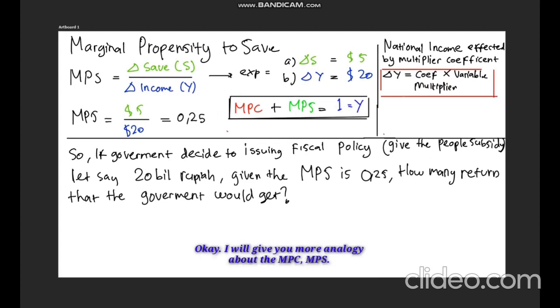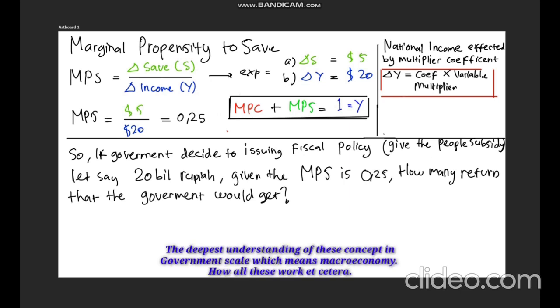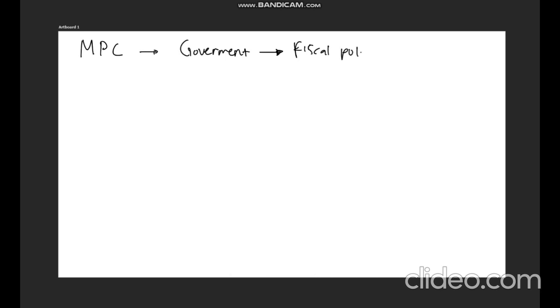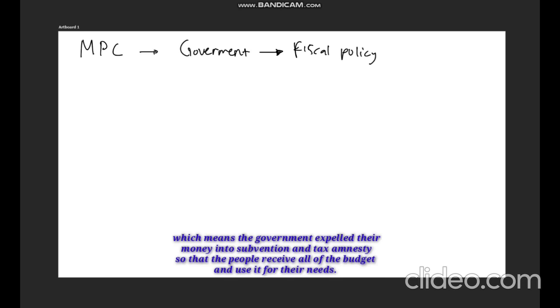Okay, I will give you more analogy about the MPC and MPS, the deepest understanding of all these concepts on the government scale, which means macroeconomy, and how all of this works. The first one is MPC. So let's say the government spends their budget to stimulate national income by issuing fiscal policy, which means the government expends their money into subvention and tax amnesty so that the people receive the budget and use it for their needs.